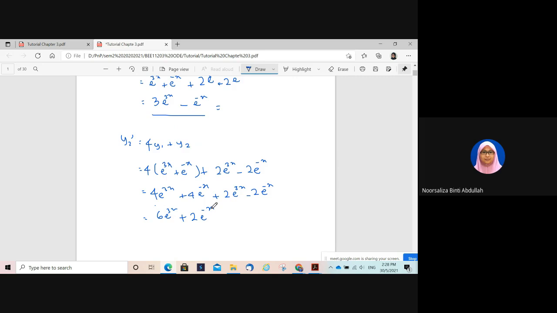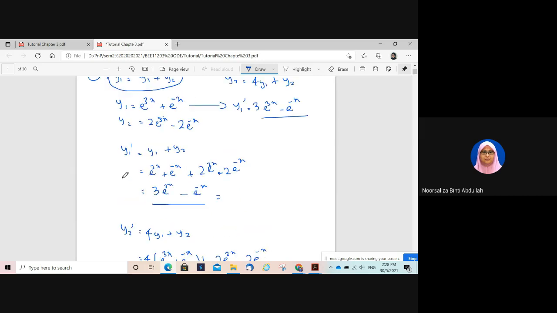Now you have to prove that this one is the same as this one. Now we have to find the differential of, you have to differentiate this y2. So you differentiate y2, what you get is 2 exponent 3x.